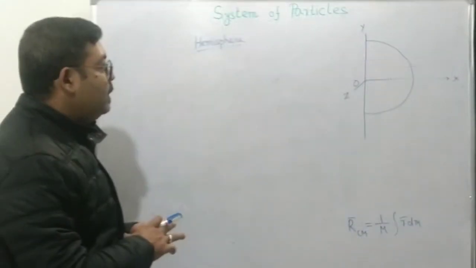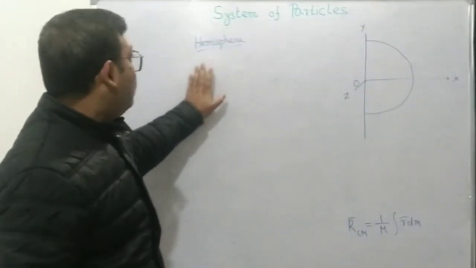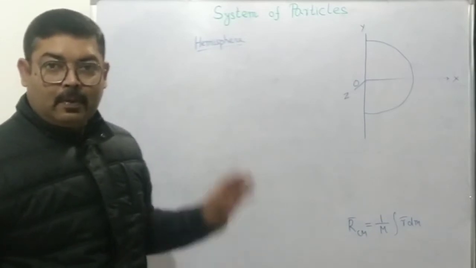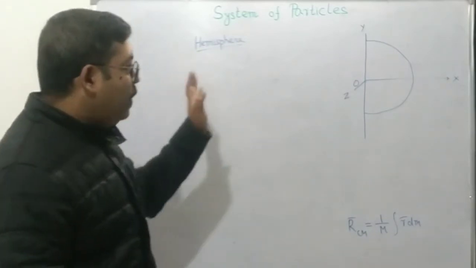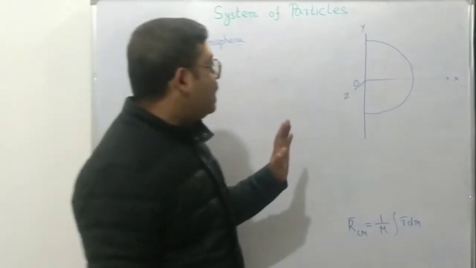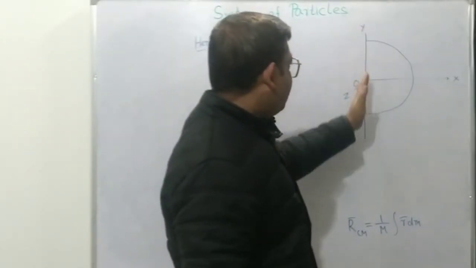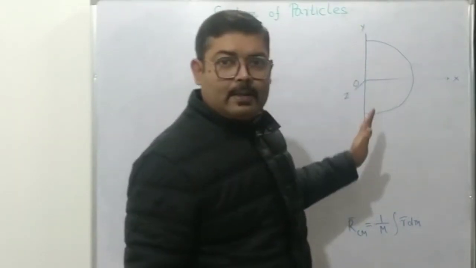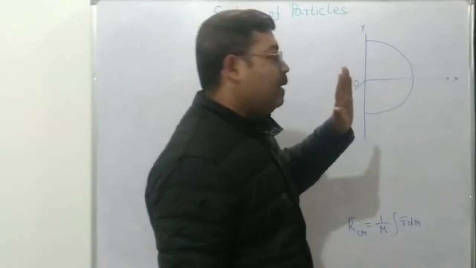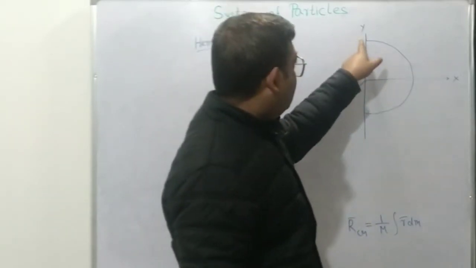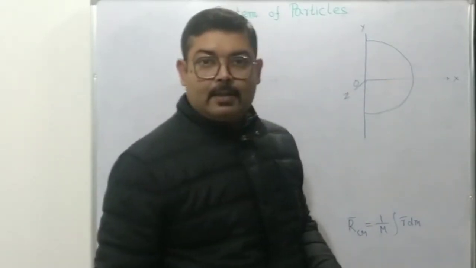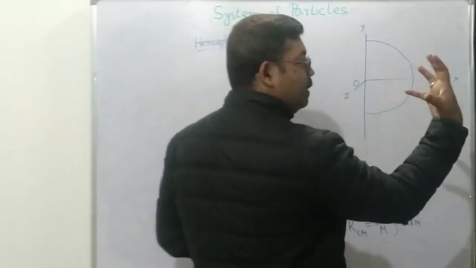Okay, the next problem is to find the center of mass of a hemisphere, that is half of a sphere. Now we have chosen the coordinate axis such that the base of the hemisphere coincides with the yz plane, and the dome is towards the x-axis. So it will be something like this, right?